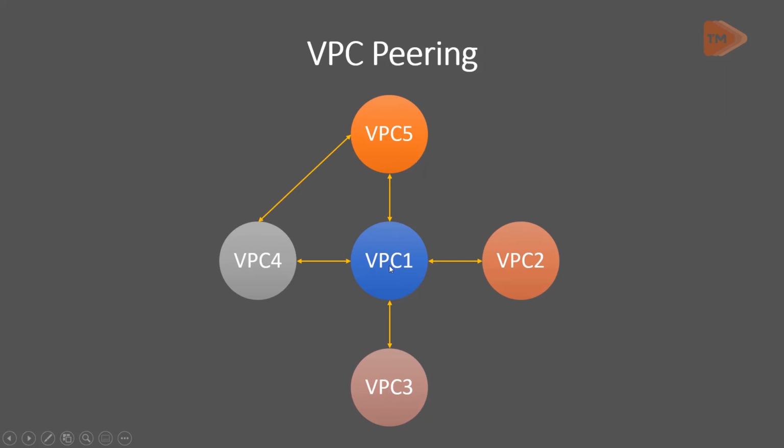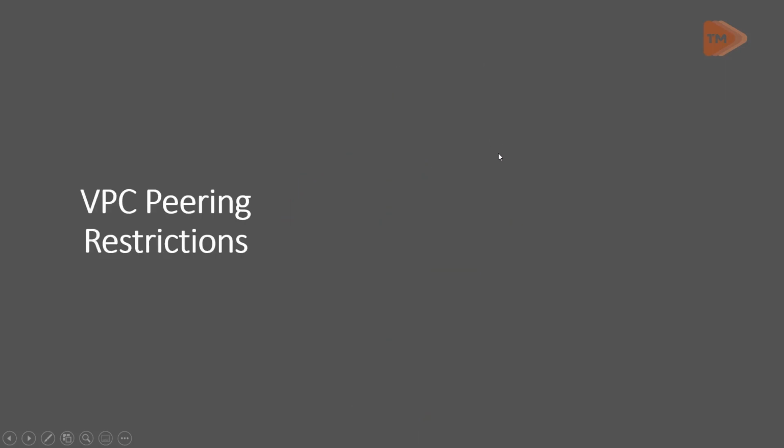If there is no direct peering with VPC 5, you cannot say VPC 1 is connected to VPC 4 and VPC 4 is connected to VPC 5, so VPC 1 is connected to VPC 5. That doesn't mean that without this peer, this will be connected. So that is what no transitive peering is.